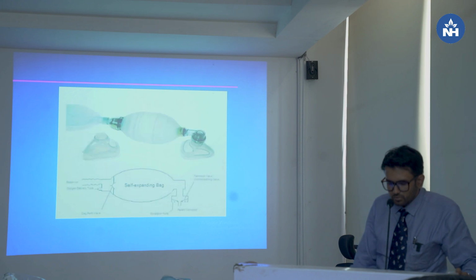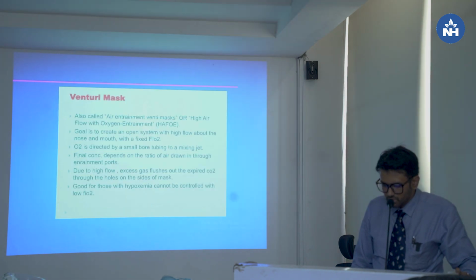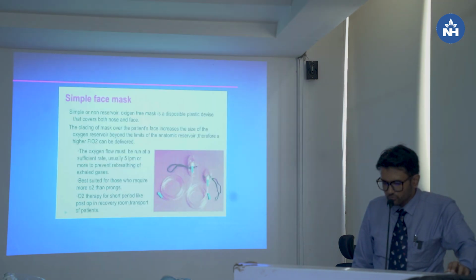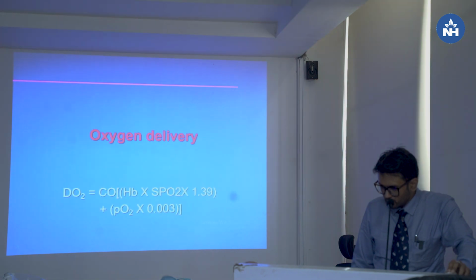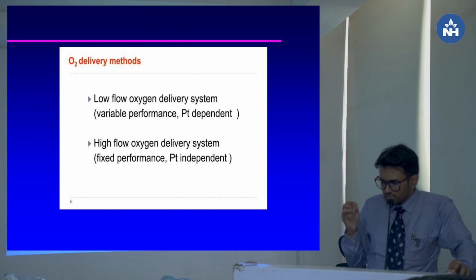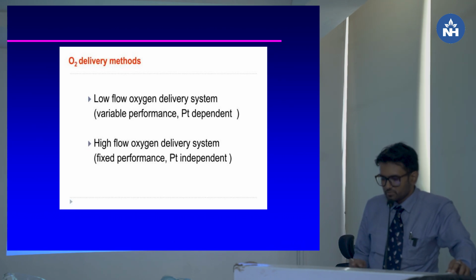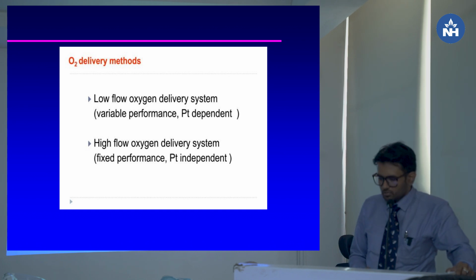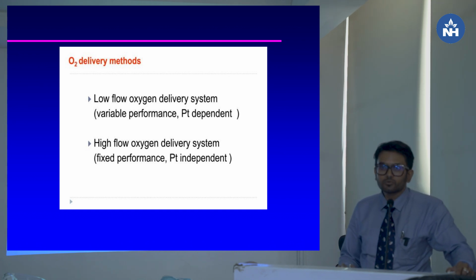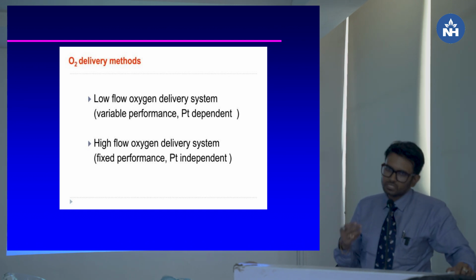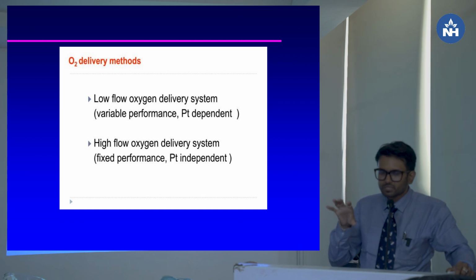Okay, the first query, for which patient we can use which. Look, we have two types: one is the low flow device and one is the high flow device. Low flow devices depend on the patient. If the patient is spontaneously breathing and there are no signs of respiratory distress like tachypnea or nasal flaring, then we can start with a low flow device depending on the oxygen saturation and oxygen requirement. For low flow, start with the nasal cannula; it all depends on the clinical scenario.